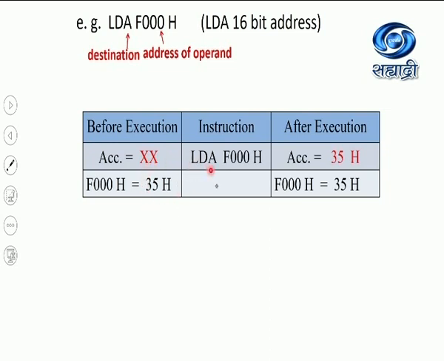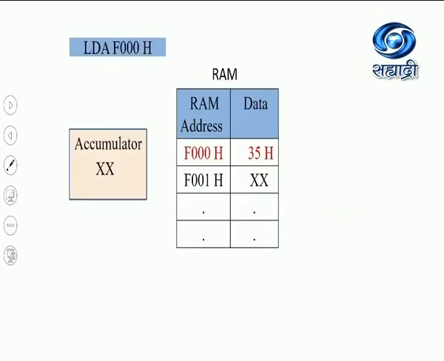When the microprocessor executes this instruction, load accumulator with contents of F1000H, the accumulator contents become 35 and the contents of F1000H remain the same. So here you can see these are the RAM locations. Here is the memory location with address F1000. At this memory location, the data stored is 35.